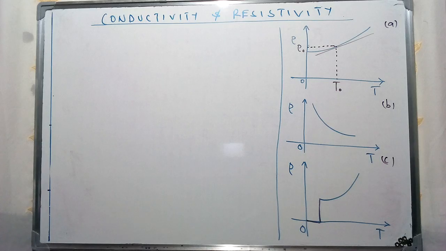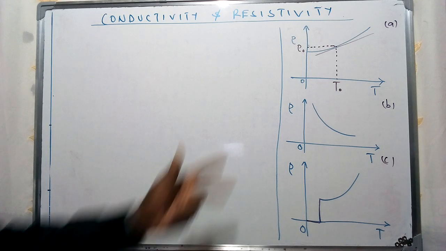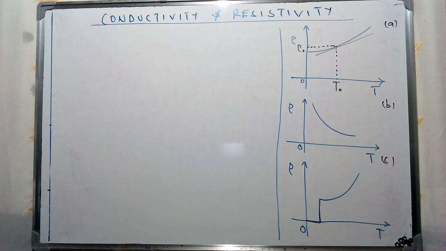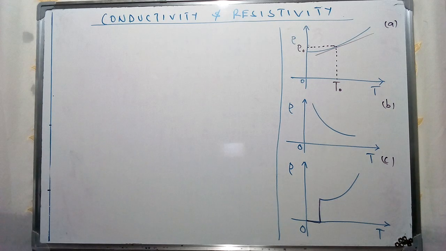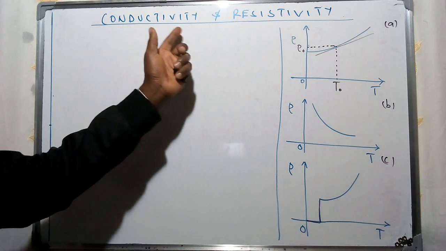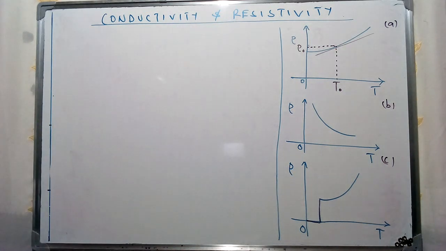In that case, we had considered metals, semi-metals, and some of what are referred to as superconductors. Now, we're going to look at these specific graphs in terms of the comparison between conductivity and temperature, and that is going to give us a clue on how we can relate conductivity and temperature. Later on, we are going to see the relationship between conductivity and resistivity, and that's going to form the final bit of this discussion.